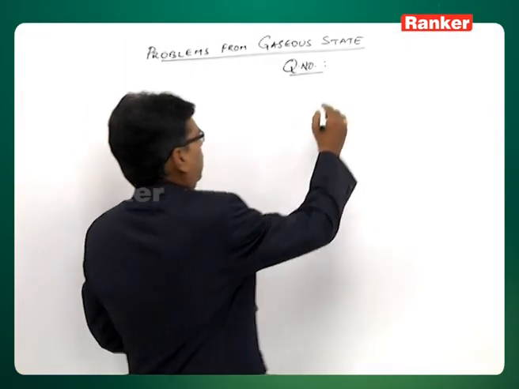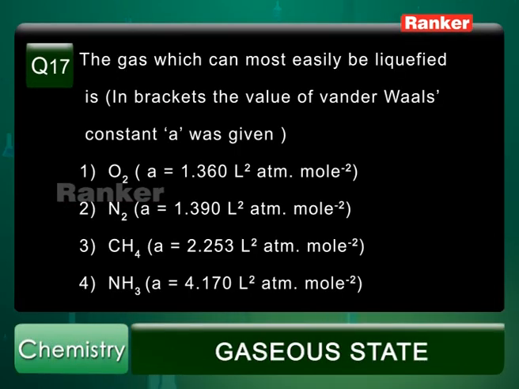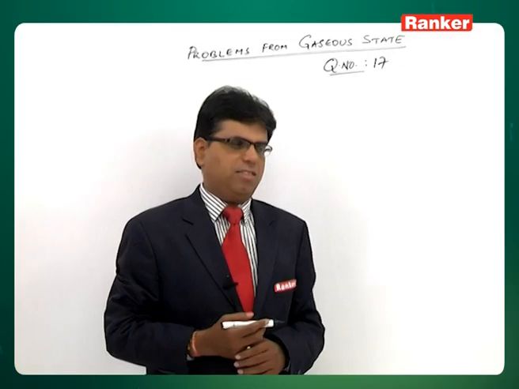Let us go to question number 17. The gas which can most easily be liquefied is asked. From the given values of A and B, one can easily understand which gas can be liquefied easily.